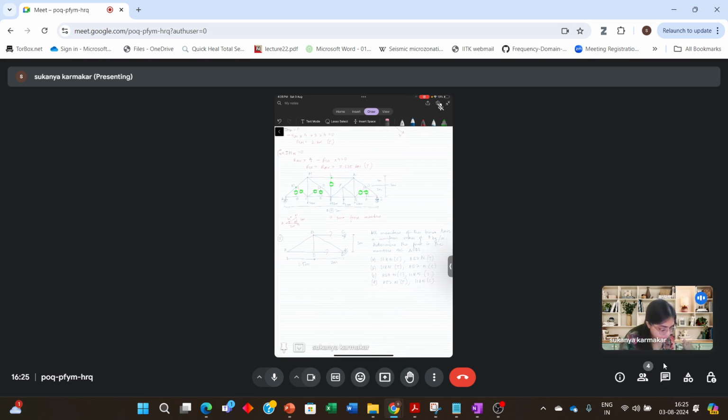So let's lump the forces so that it will be clear. A, B, C, D, E. So this is 2 meter, this is 2 meter, this inclined length is 2 meter, this is 2 meter, this height is 2 meter.